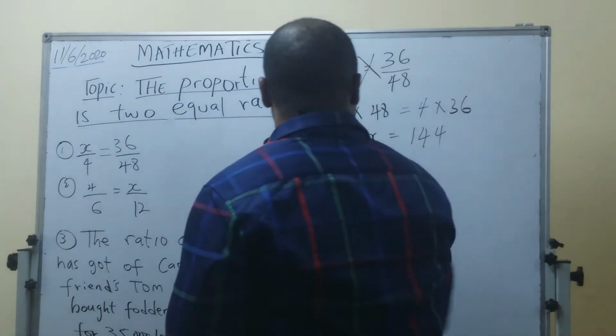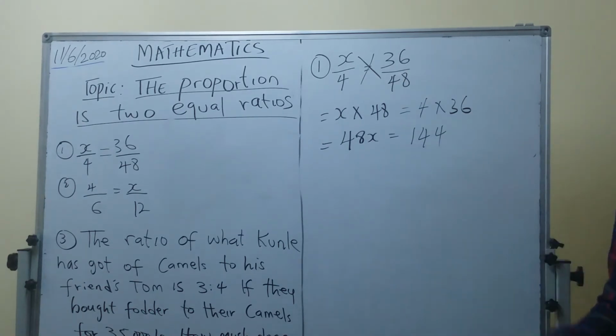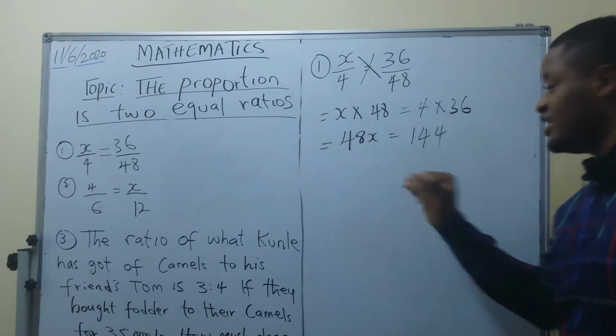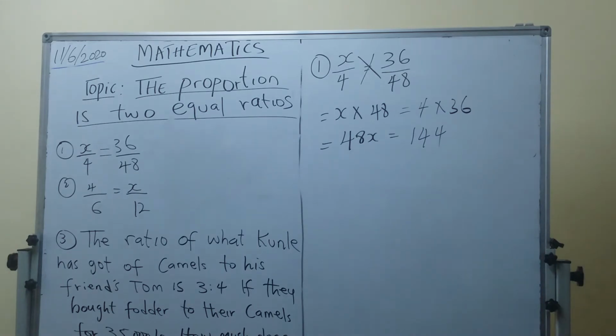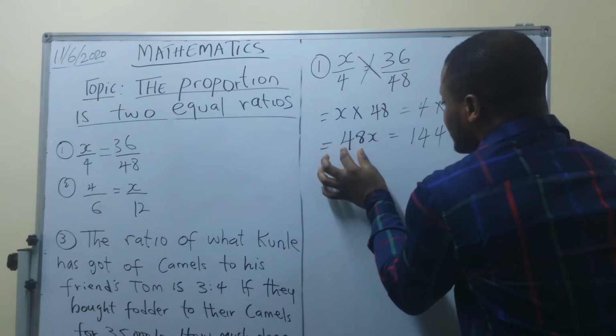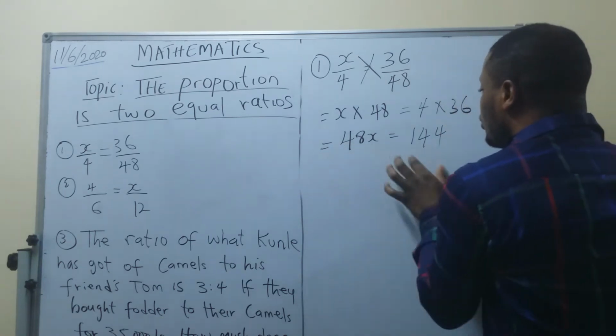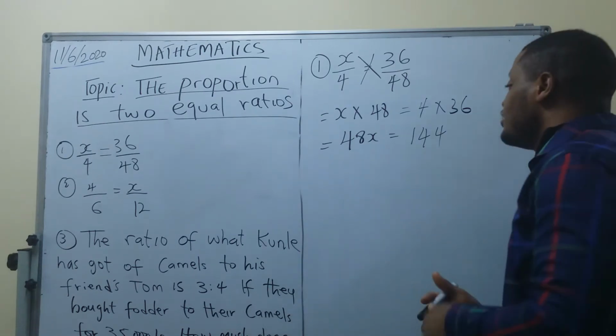Okay, let's proceed. Now, we are going to use one method here to find the value of x. The value of x is not given. We have just x and 48 here. So we take this number to divide both sides so that x can stand alone for you to know the value of x.